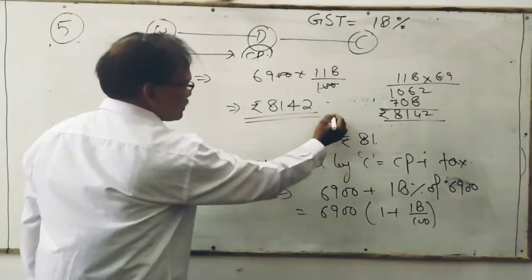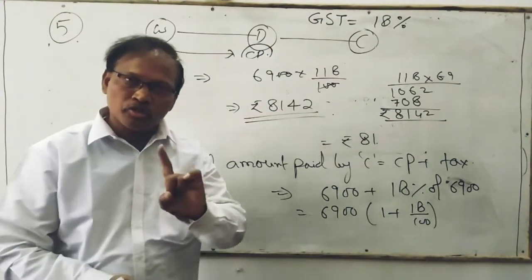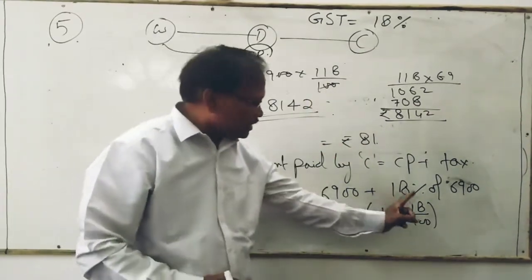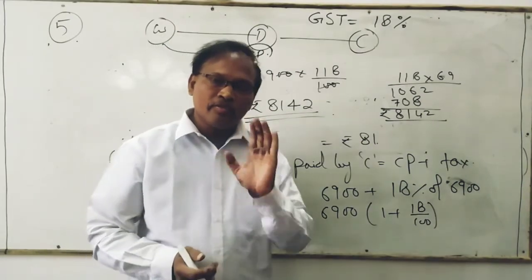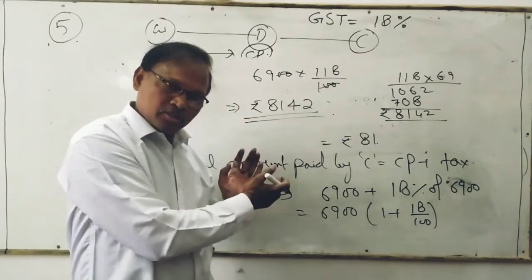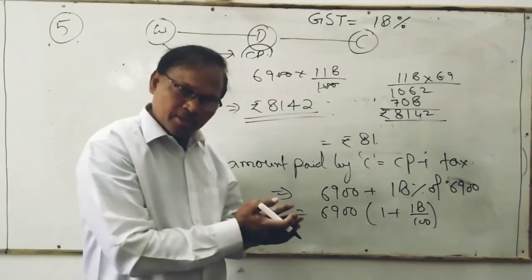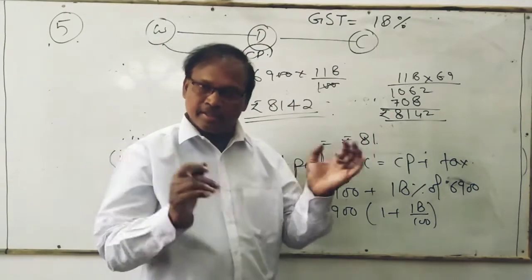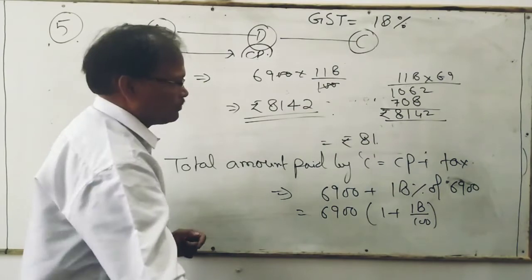This is the total amount given by the consumer to the shopkeeper, and in this the 18% GST will go to the shopkeeper, and shopkeeper then adjusts from the input tax, output minus input, then it will go to the government, state and central. So this is the question number 5.